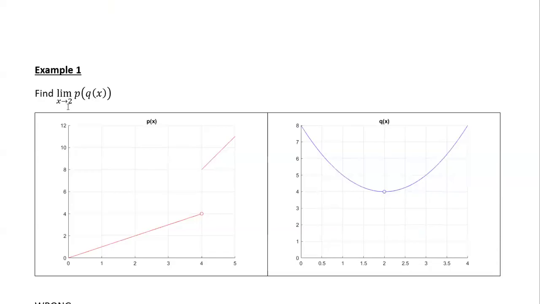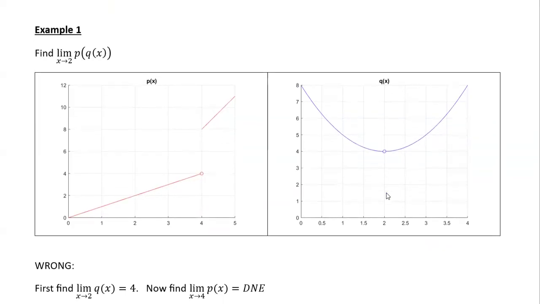You want to find the limit as x approaches 2 of q of x first. As x approaches 2, q of x approaches 4, right? As x approaches 2 from both sides, we are approaching a y value of 4. Now, this is where a lot of students get it wrong.